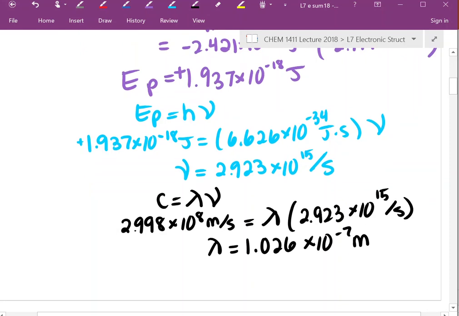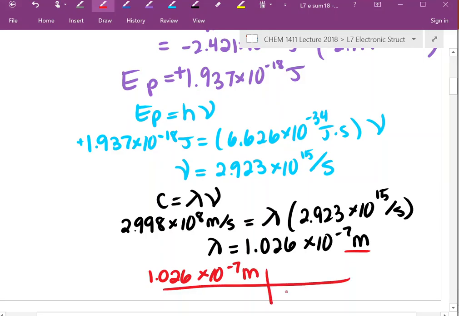And last thing we might want to do is to change this to nanometers. It's kind of common to do that, and on your lab assignment they have you do that. And that's our answer. This is the wavelength of light.